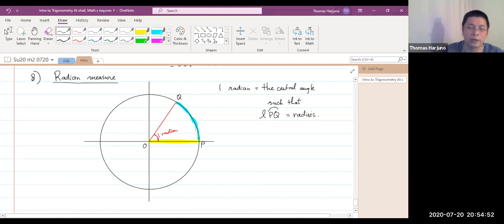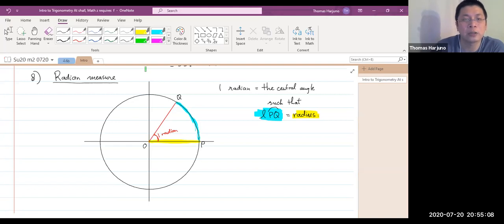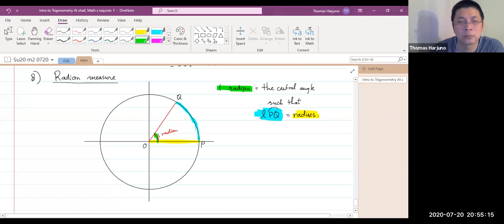That's 1 radian. If you have that situation in a circle, then this angle here is what we call 1 radian. That's the definition of 1 radian.